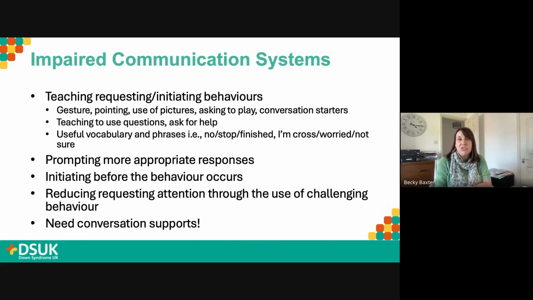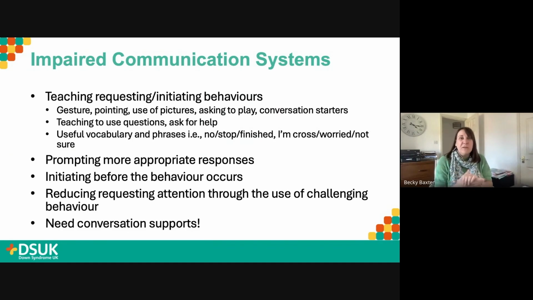I might need to do a bit of teaching of everybody else. Teaching conversation starters, things like, what did you do at the weekend? Are you going to Brownies? Did you see the Gladiators final, or whatever it might be? Those useful phrases, useful questions. I have a little pot of them on my desk, and I can take one out and then use that to start a conversation with my friend.